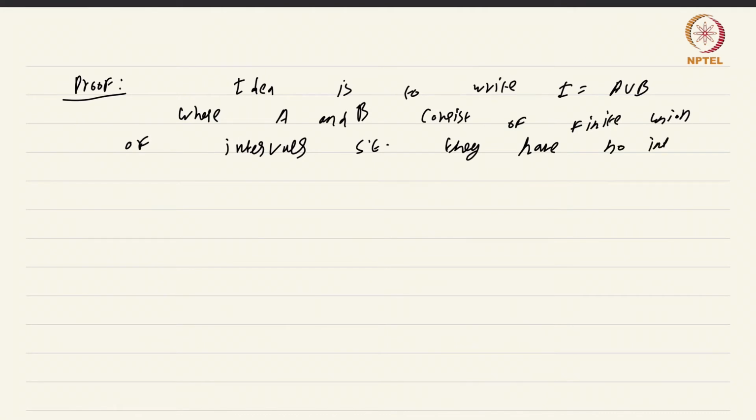Then we can use the last property of the integrals that I stated in the exercise. When you can break up I into a union of intervals, then there is some nice summation property. We will use that. They have no interior point in common.